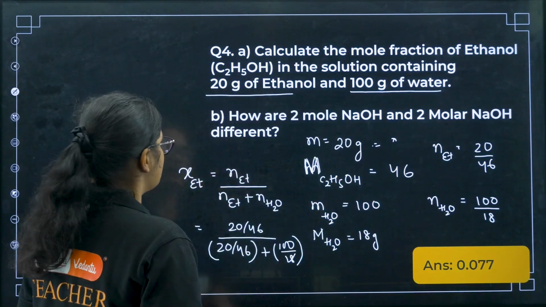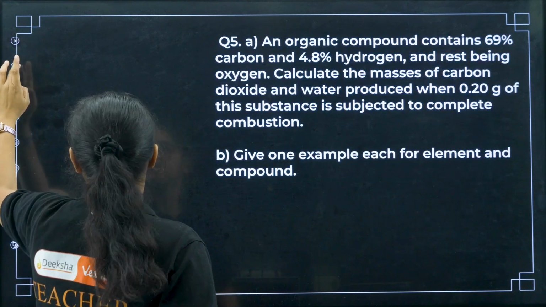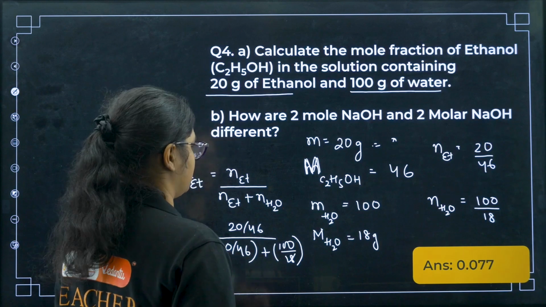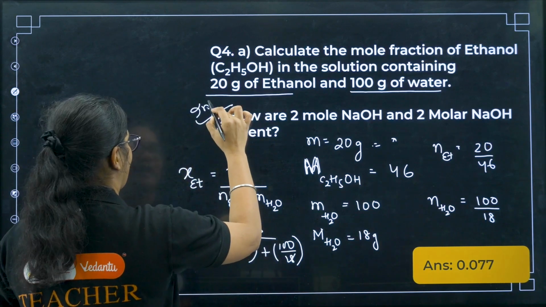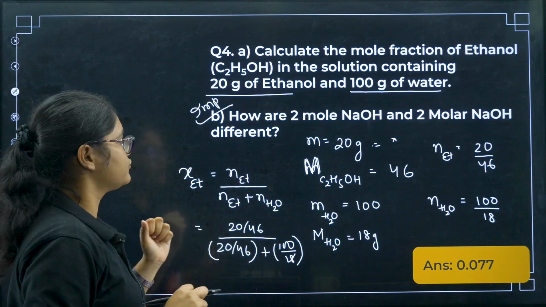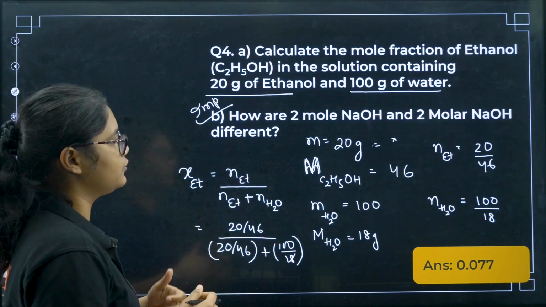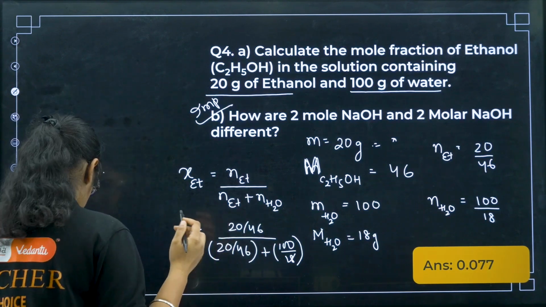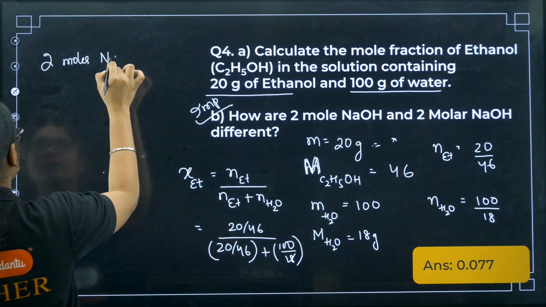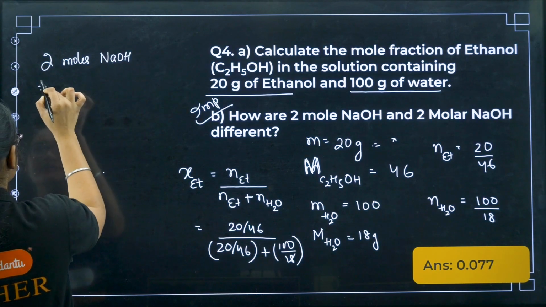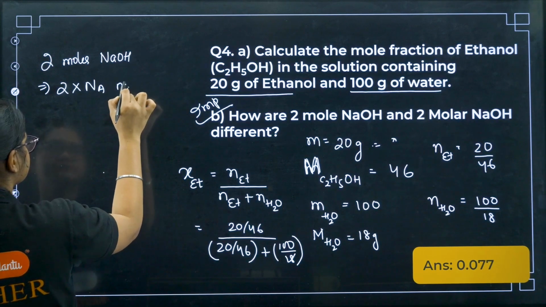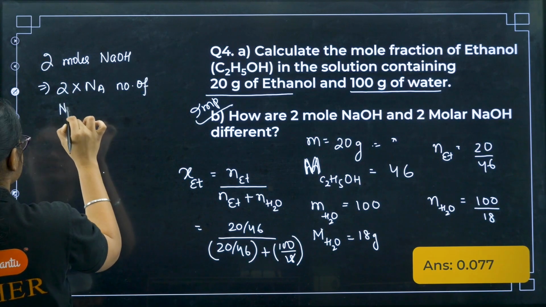Very easy question. Next question is, how are 2 mole NaOH and 2 molar NaOH different? Okay, this is a very important and very tricky concept-based question. When you say 2 moles of NaOH, that means 2 into Avogadro number of NaOH molecules.